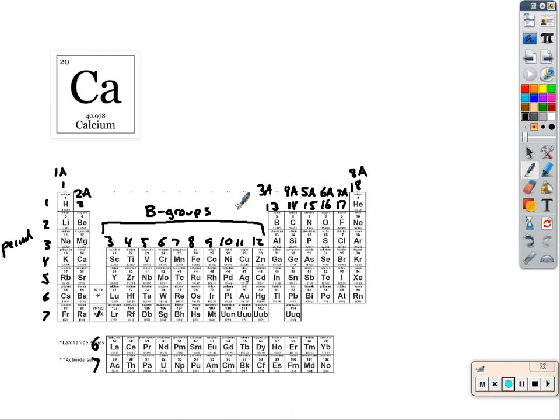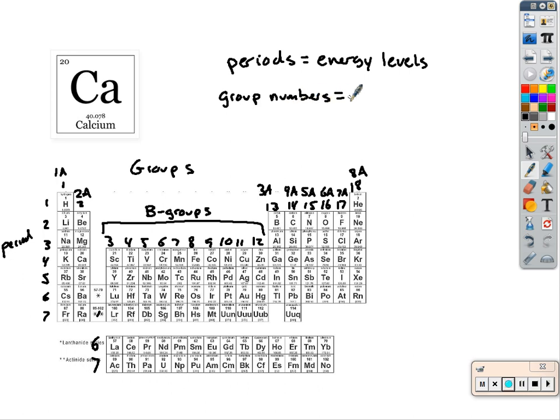These are called group numbers. Where periods tell us the number of energy levels, the group numbers will tell us the number of valence electrons.